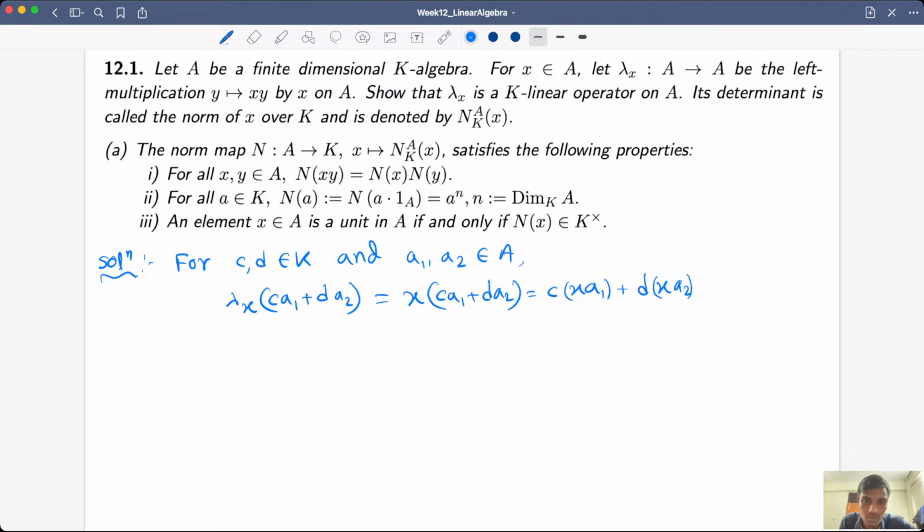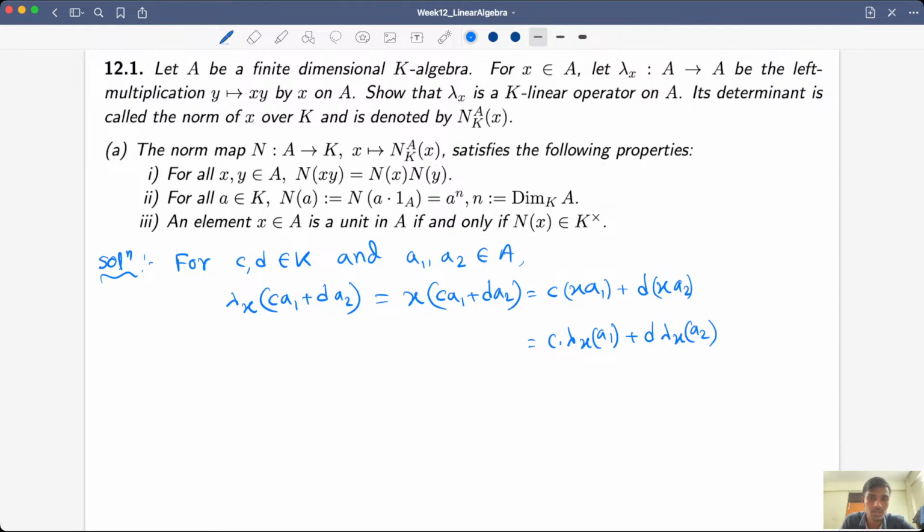First one is distributive, and then as c and d belong to K and it is a K algebra, I can use this also. c I can pull out on the left and do the multiplication first on x and a1 and x and a2. Okay, but what is this? This is c times lambda x of a1, right? And this is d times lambda x of a2.